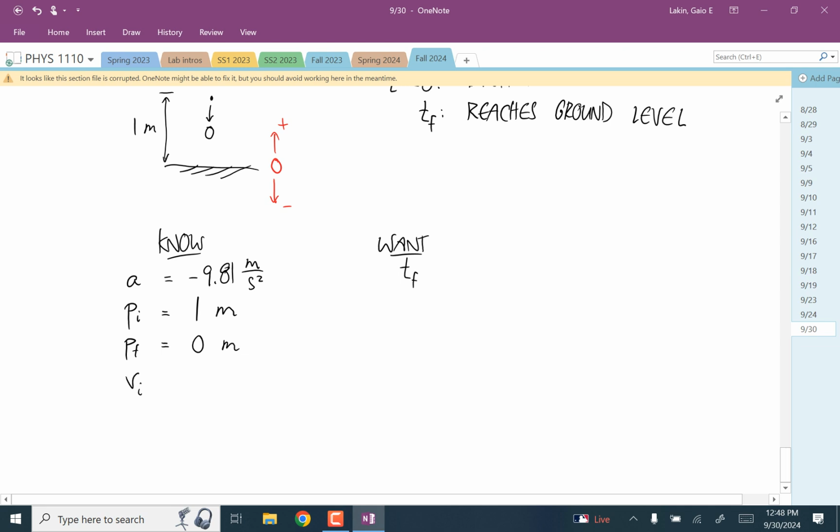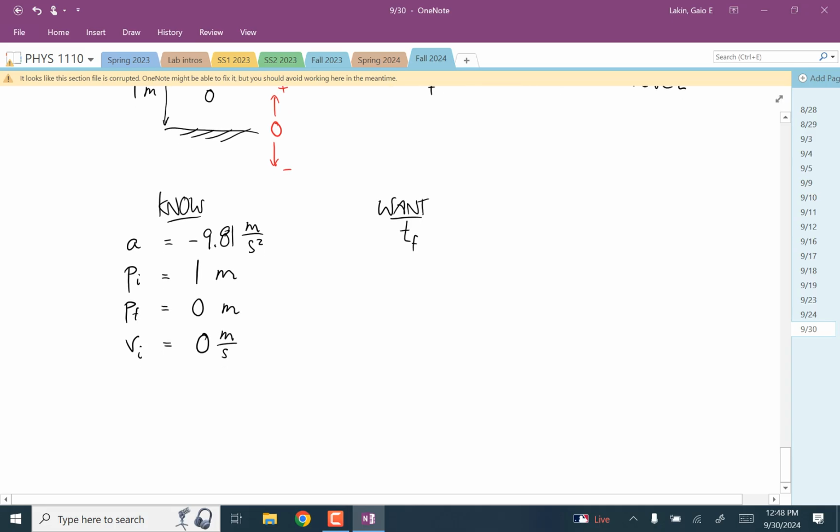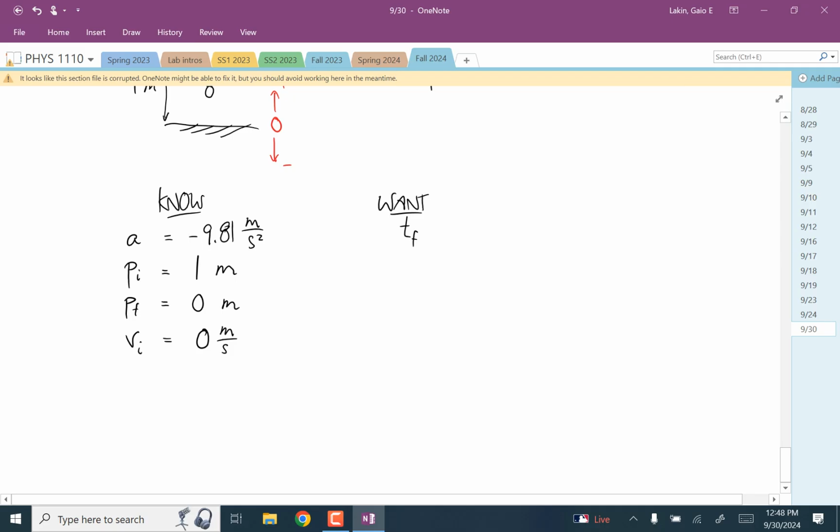The initial velocity, what's the initial velocity if it just dropped? 0, yep. And we don't know the final velocity. So we'll use the equation PF is equal to PI plus VI TF plus 1/2 A TF squared.